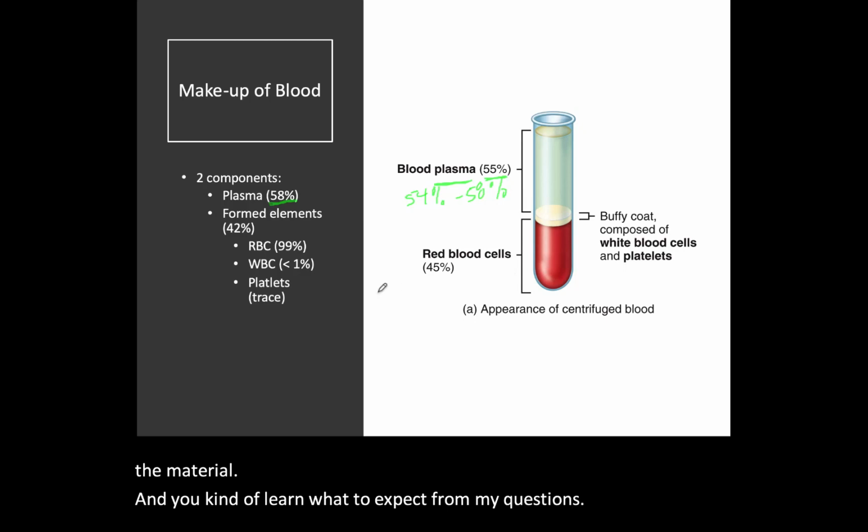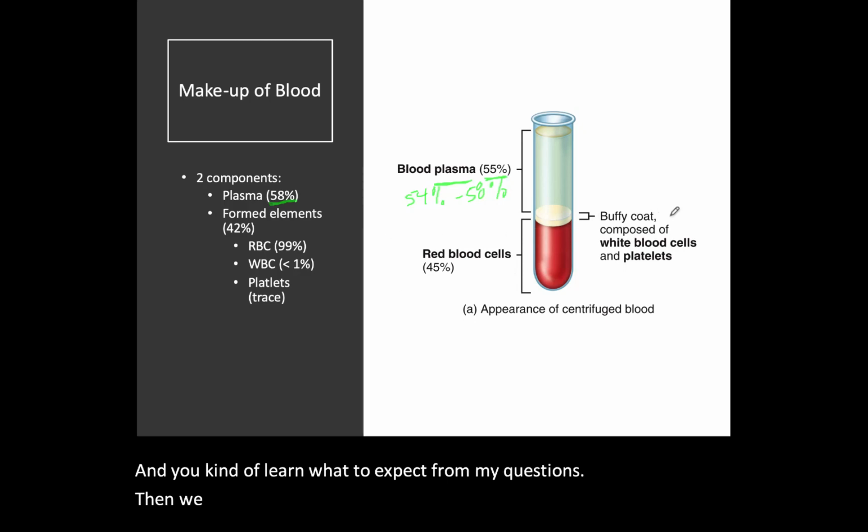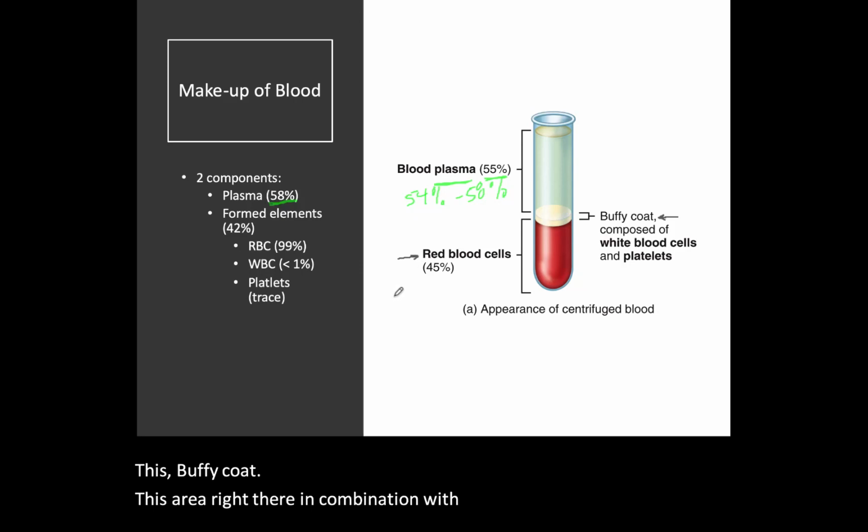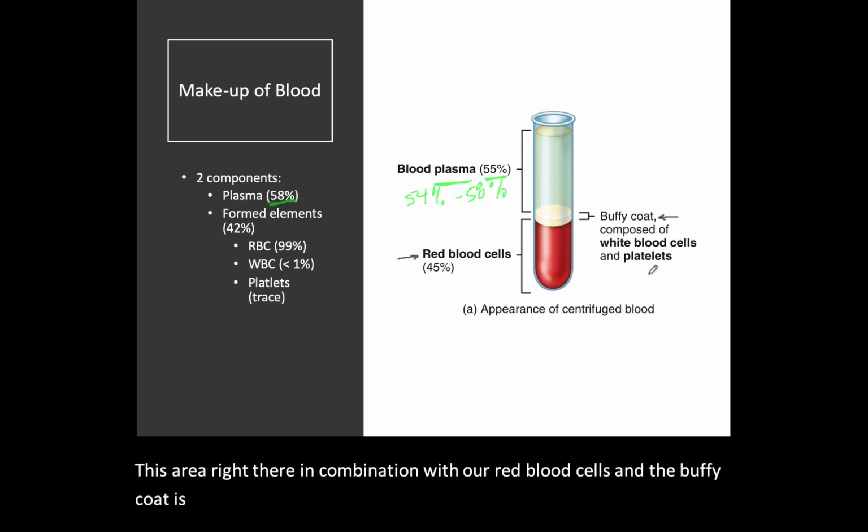Then we have this buffy coat, this area right there, in combination with our red blood cells. And the buffy coat is your leukocytes and your platelets. Your red blood cells are your erythrocytes. They're your red blood cells.